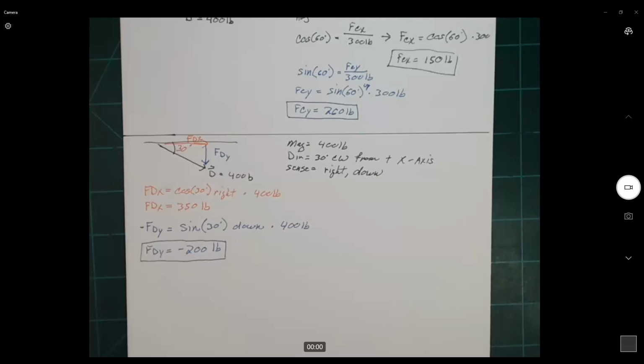Okay, now that we have determined the magnitude, direction and sense of force vectors C and D, we solve for the component forces. Now, let us draw a free body diagram illustrating the components of our force vectors, okay? Let's do that.